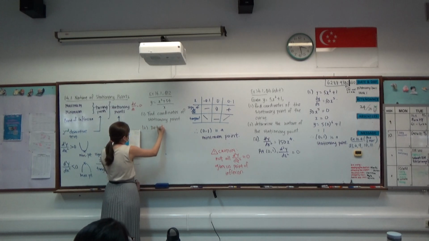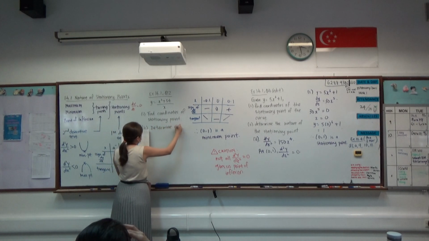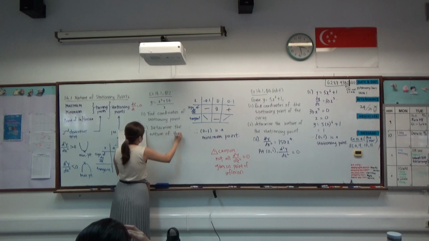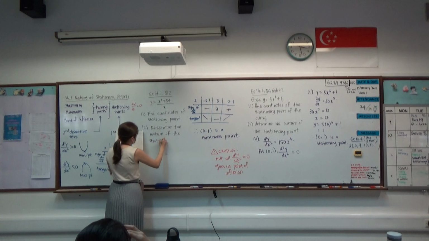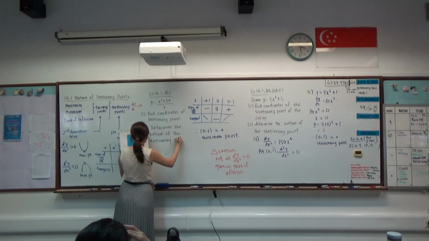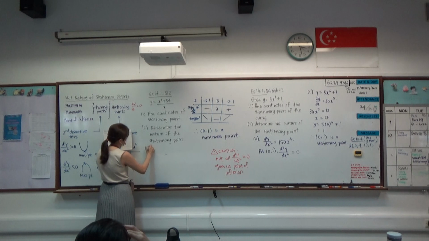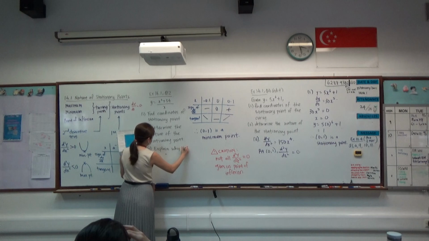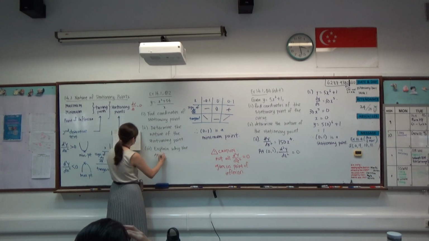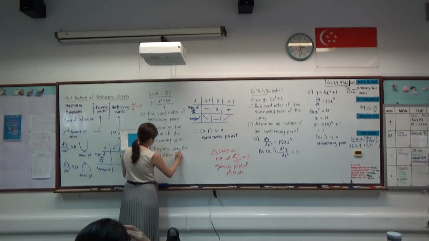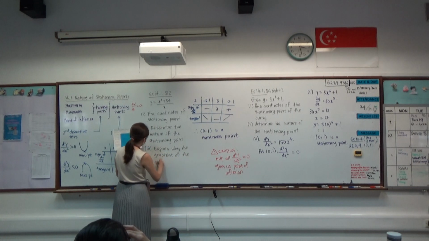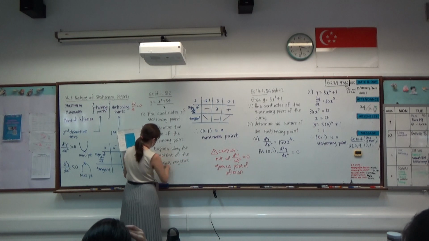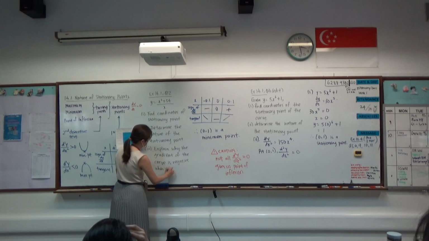Part 2, we want to determine the nature of it. Part 3, we want to explain why the gradient of the curve is negative when x is less than 0.